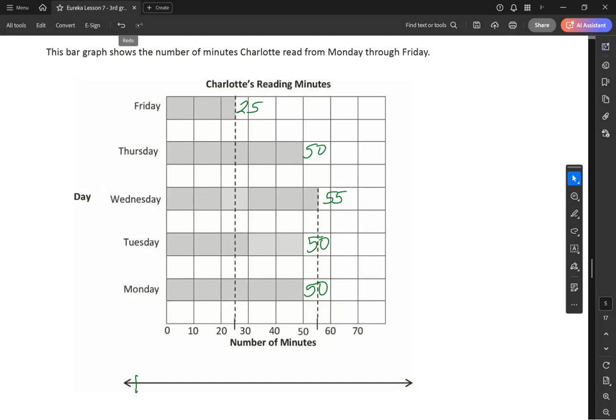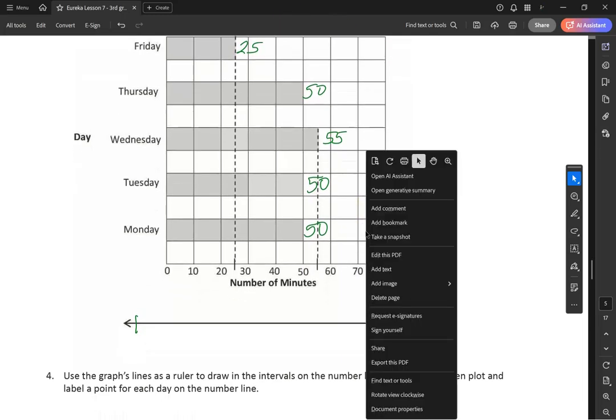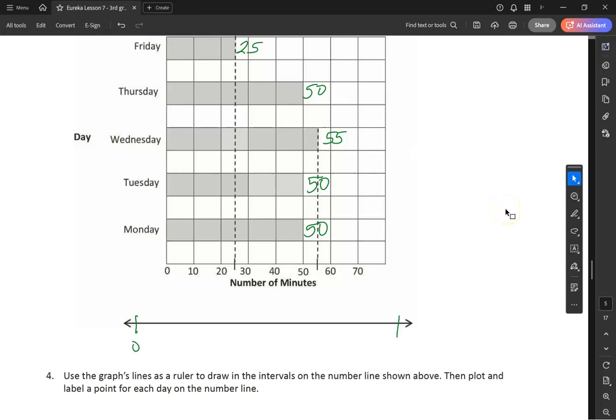So I'm going to make my number line. Start with 0, and it's going to end with 70, and count by tens in between.